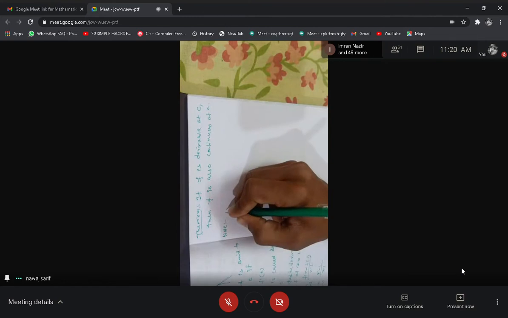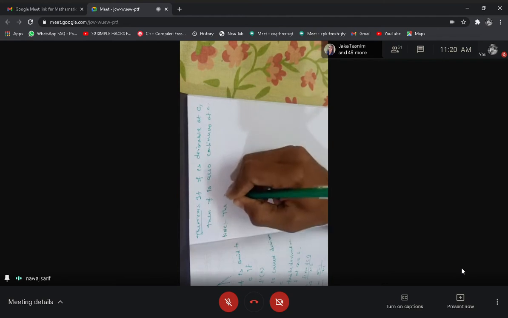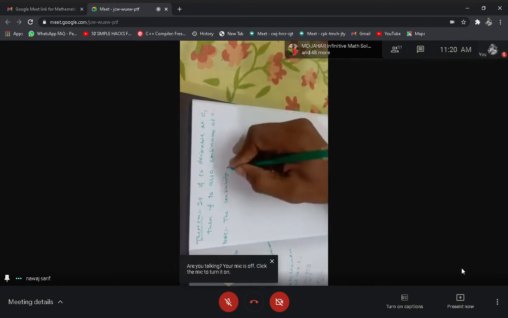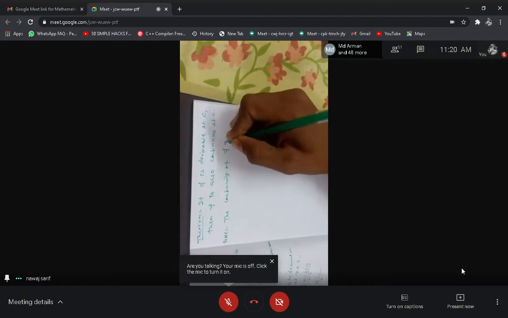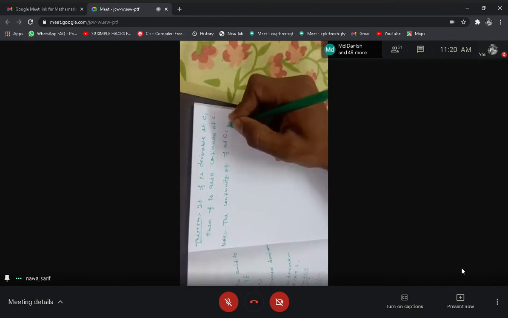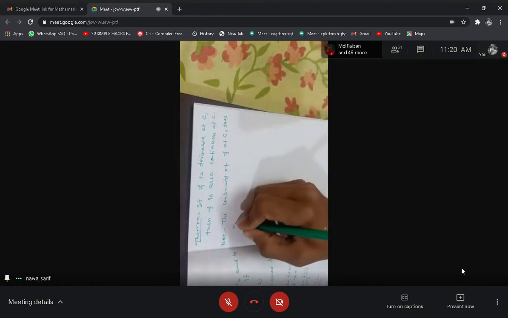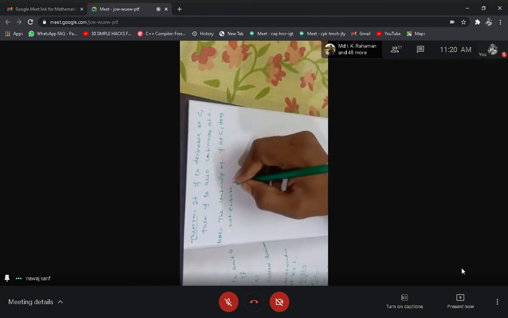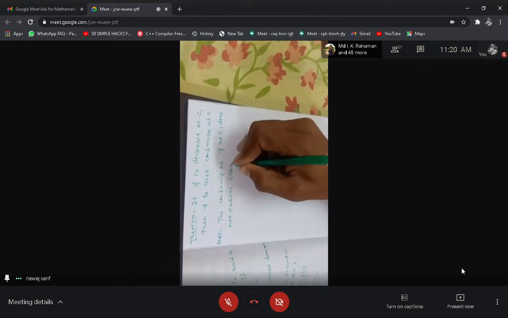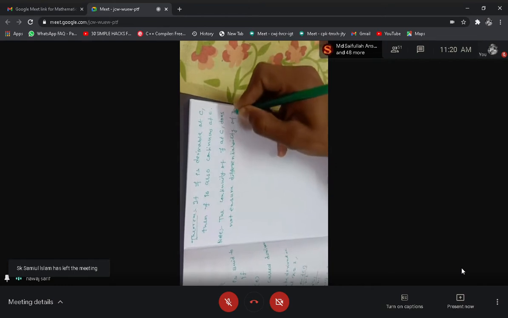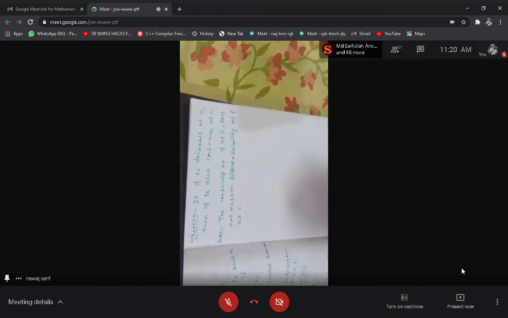Okay, and write down a note. If the continuity of f at c does not ensure differentiability of f at c.